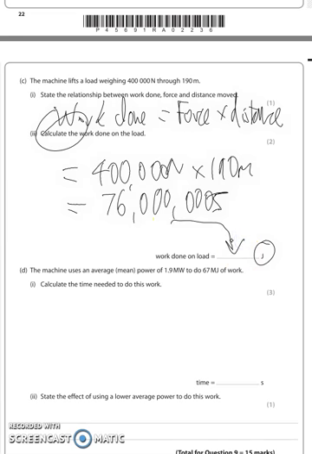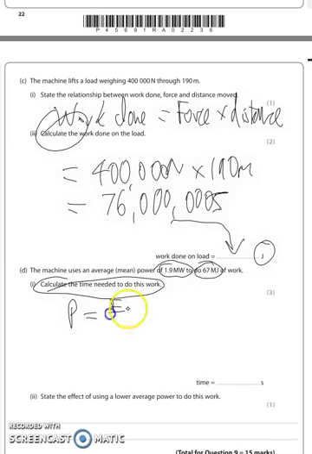The machine uses an average or mean power of 1.9 million watts to do 67 million joules of work. Calculate the time needed to do this work. So they give these two values, watts and joules. What do you think that we're going to need to do in order to calculate the time? Well, there must be a link between them, and it's power equals energy over time.